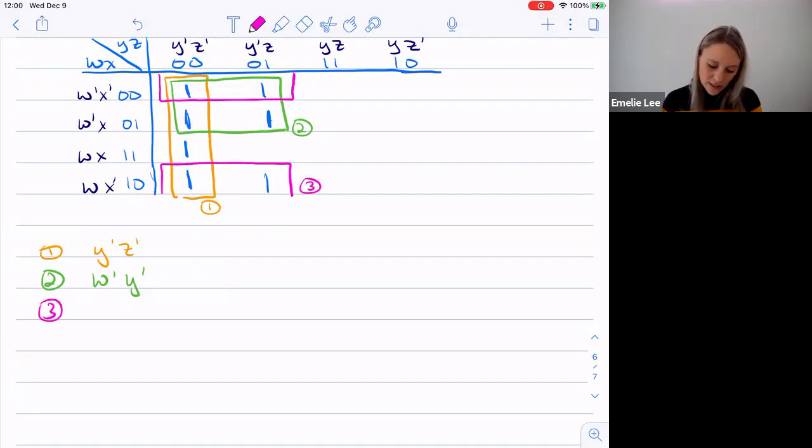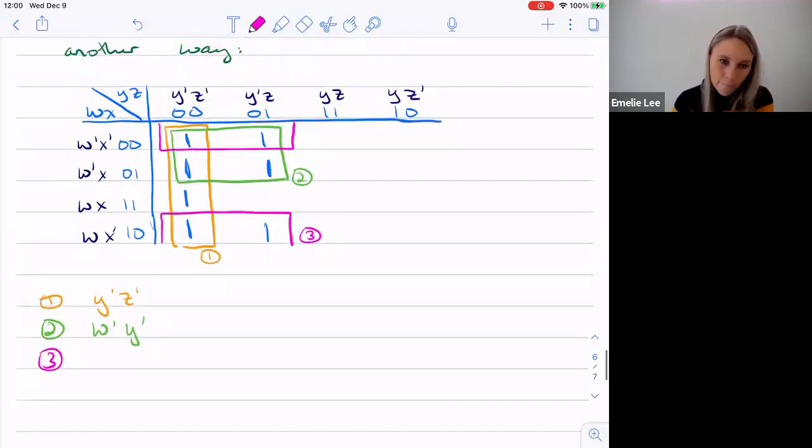So this one here, what is it? All right, so here, W is allowed to change, so that's out. X prime is held steady. So that's my first literal going into this thing here.